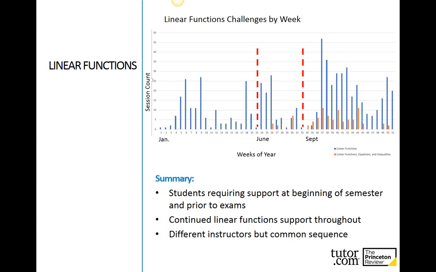One of the other things that came out of this study is that even though they have all different instructors, they're all following the common sequence, and they do use a typical textbook sequence for college algebra. So we looked at this in a couple of different ways. This is great because now we have baseline data in which they can say, this is what college algebra looks like when we're following the typical textbook sequence.